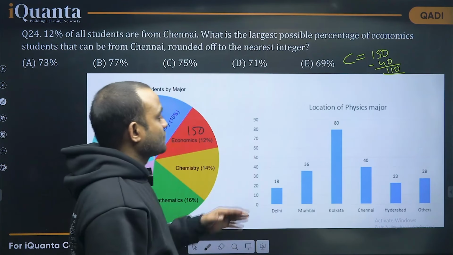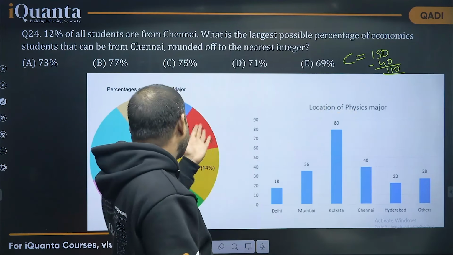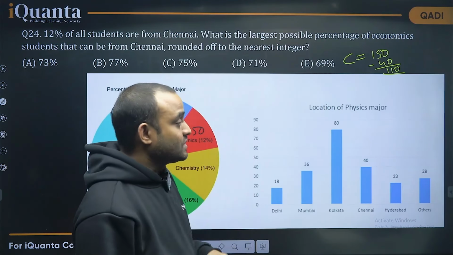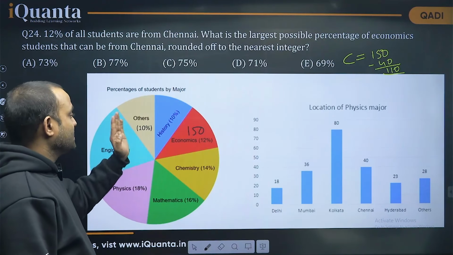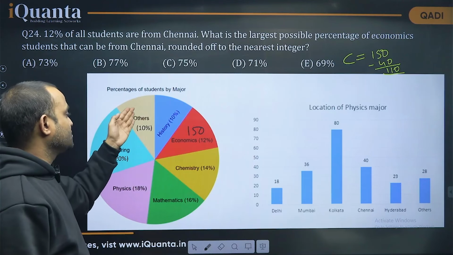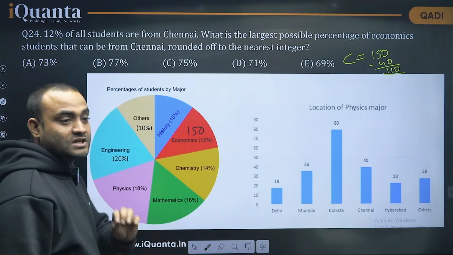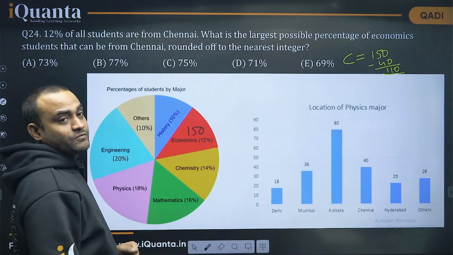So 40 are from physics majors, rest of the 110 can be economics major, right? If 0 are from rest of them except physics and economics, 0 students are from Chennai. Engineering, others, history, chemistry, mathematics, all of these, 0 students are from Chennai. 40 from physics, 110 can be from economics.